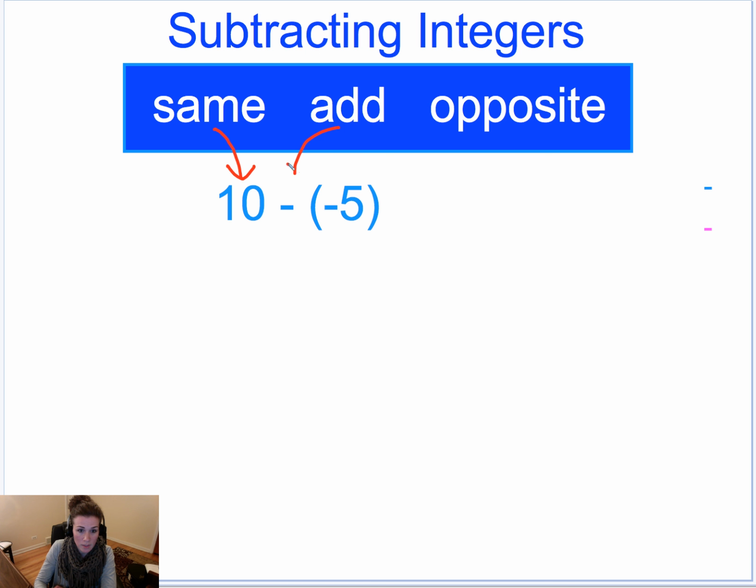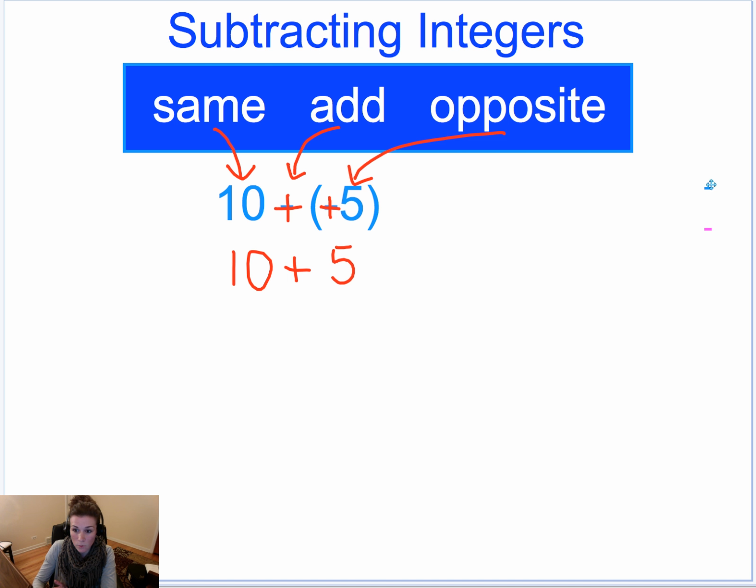Add means that you're going to change the subtraction to addition. But you're not done yet because you have to take the opposite of that final number. So because this is a negative 5, I will change it to a positive 5. So what I have is 10 plus 5. I don't have to write the plus sign because it's implied that it's a positive number, so I just have 10 plus 5.